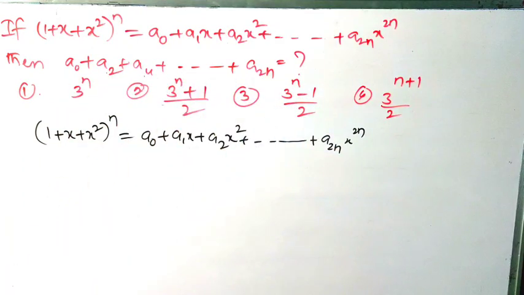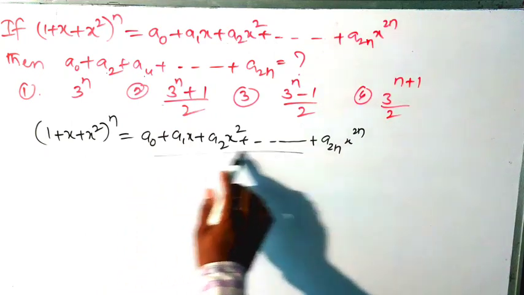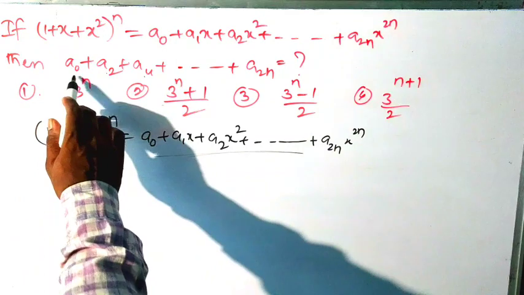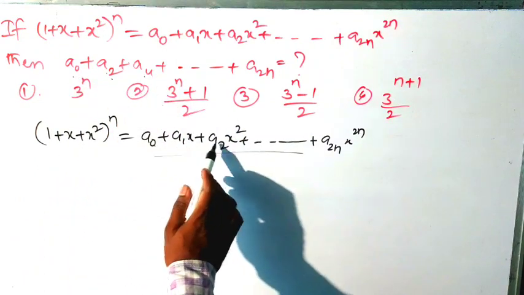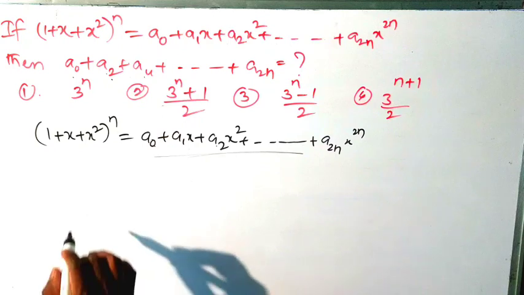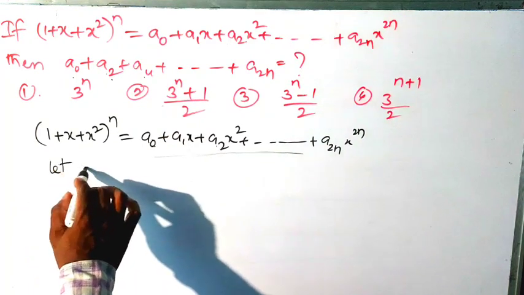These are the coefficients of this expansion. Observe the coefficients a0, a2, a4, like that, but the total of all coefficients is not given here.